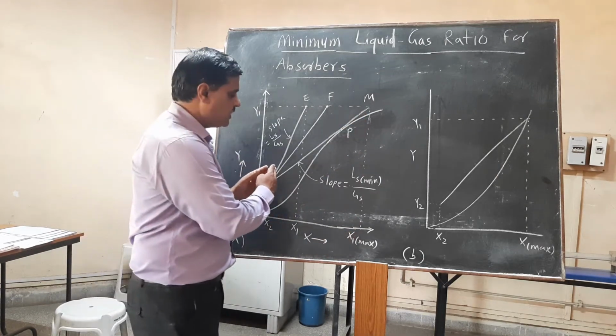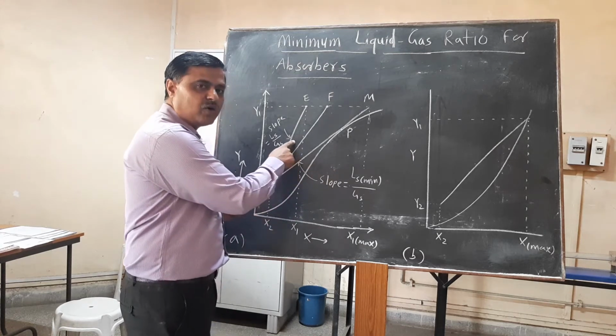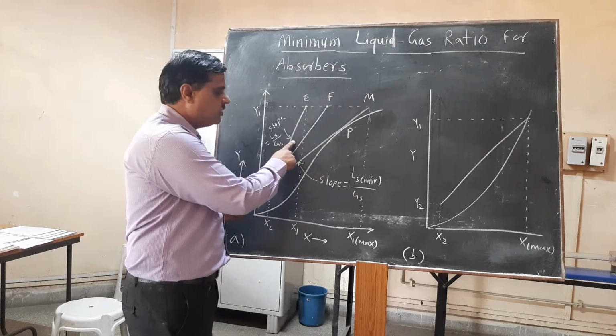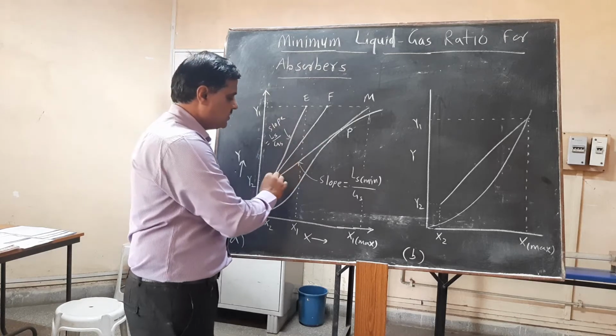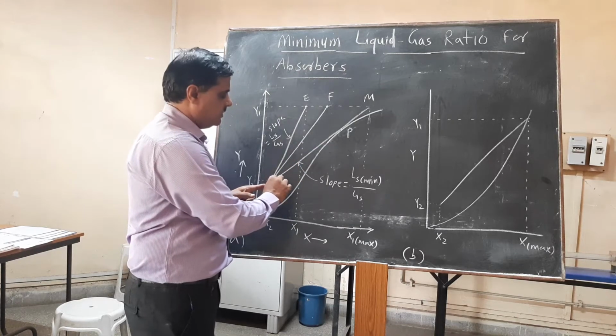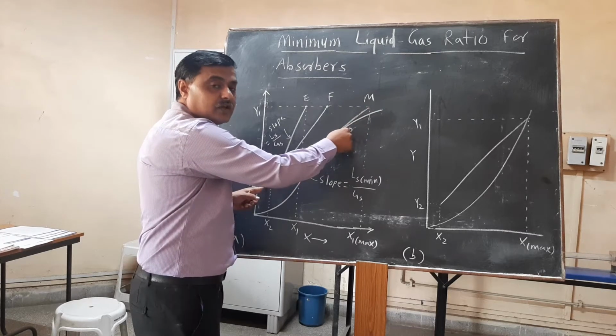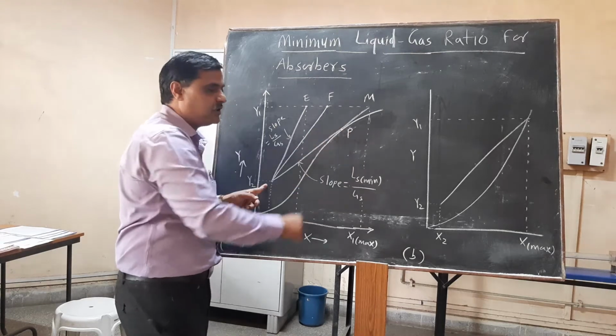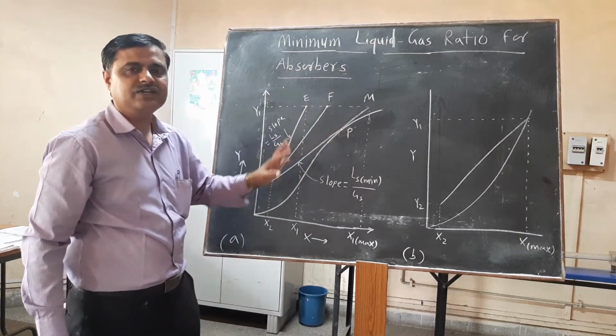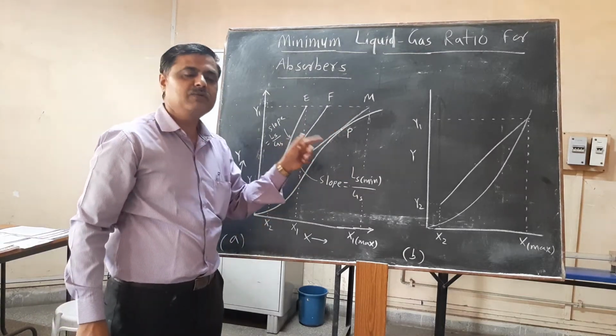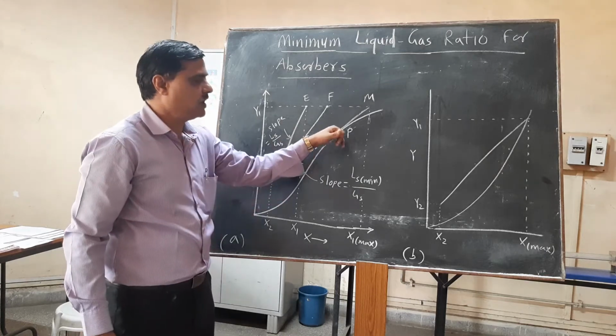As we go to the right side, the slope of the operating line for the absorber goes on decreasing. This is the line tangent at the point P. It gives the minimum liquid to gas ratio for the absorber.